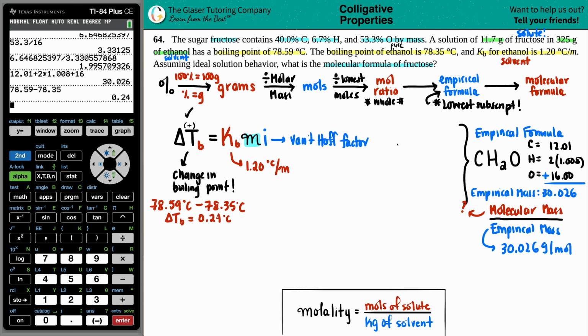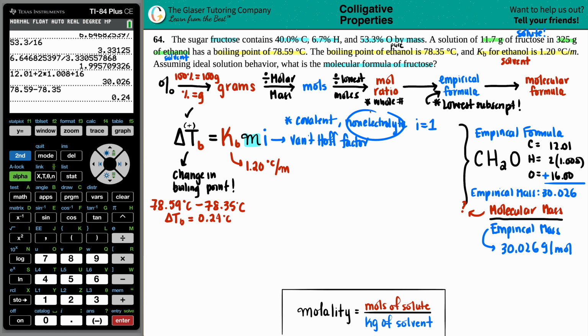For non-electrolytes, a big thing here is that if you have a covalent molecule, this is going to be a non-electrolyte, meaning that it's just not going to have any electrical activity. It's not going to be able to turn a light bulb on if you have a probe in the solution. And if you have a non-electrolyte, your i value is going to equal 1.